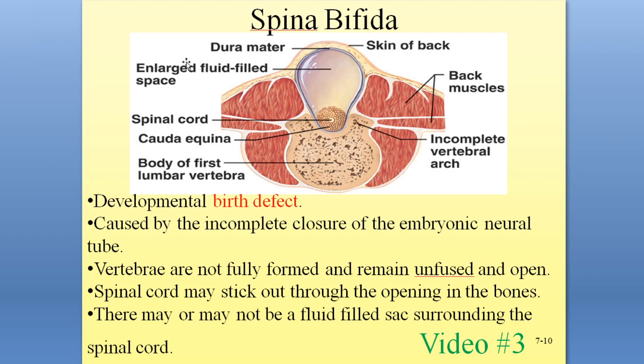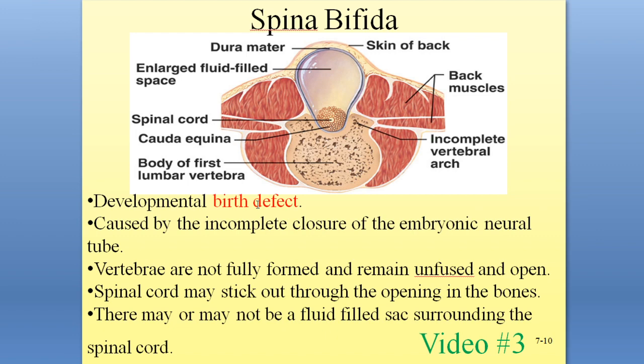Spina bifida is a birth defect. Children are born with this disorder, and it's caused by an incomplete closure of those pedicel and lamina around the spinal cord. So it says the vertebrae are not fully formed and remain unfused and open.